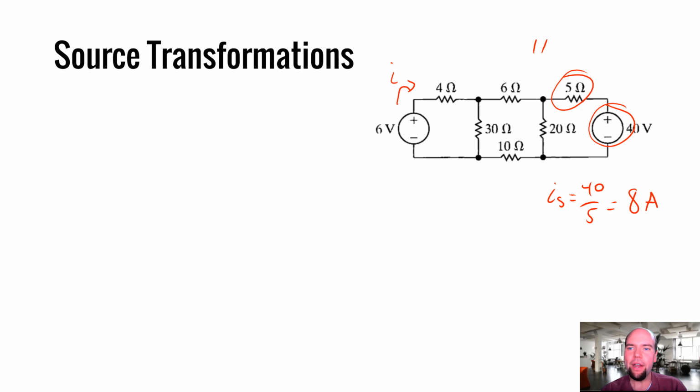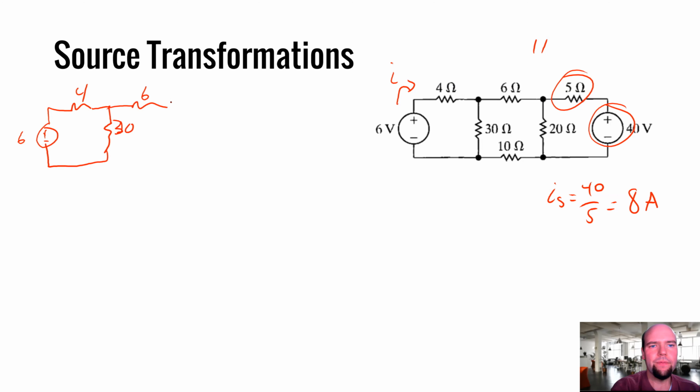And that is going to be in parallel with a 5-ohm resistor. So let's redraw this circuit really quickly. There's no redrawing circuits quickly, I should say. So we can redraw that.